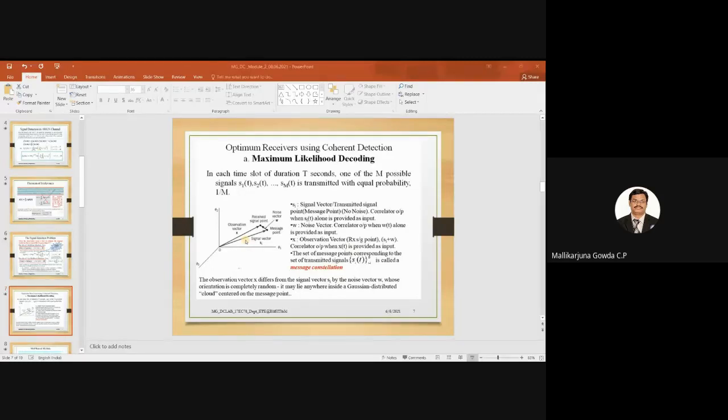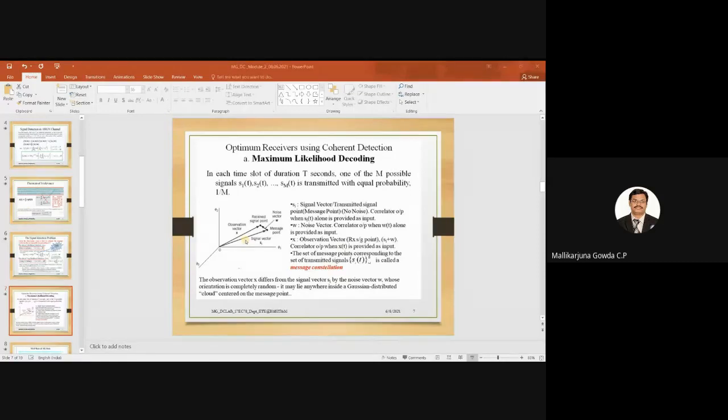If I have a sine signal for representing symbol 0, symbol 1 will be represented with a 180-degree phase shift. Like that, for FSK, I can transmit symbol 0 with frequency f1 and symbol 1 with frequency f2.